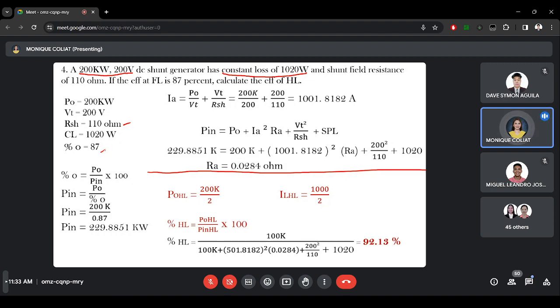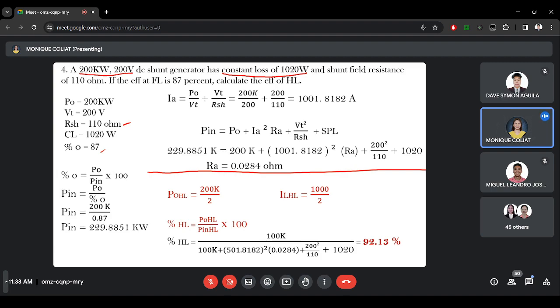So we have here PO and efficiency. That means we can now get the input power at full load. So we have 200,000, which is your output power, divided by 0.87, which is your efficiency at full load. Then we will get an input power of 229.8851 kilowatts.